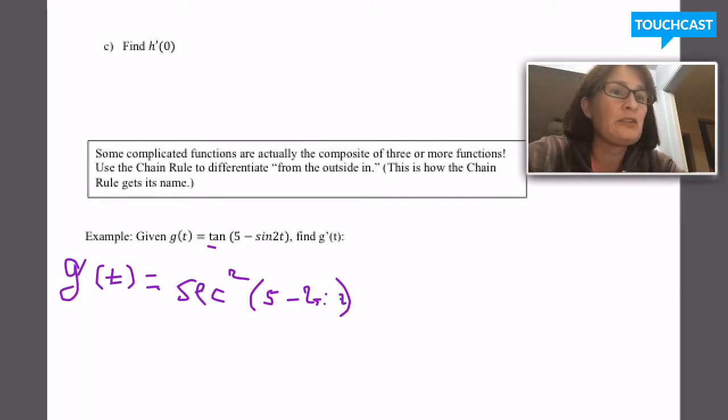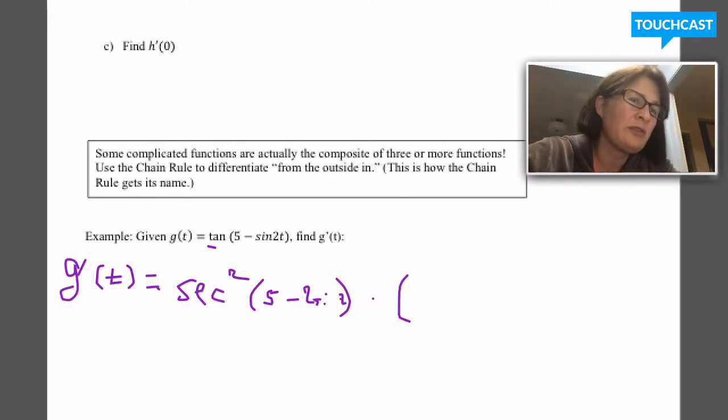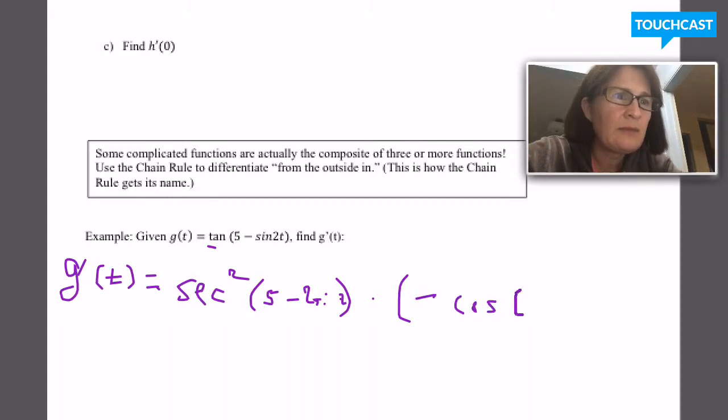I'm going to multiply by the derivative of the inside. Well, the derivative of the inside, that's the derivative of 5 minus sine of 2t. Well, the derivative of 5 is 0, so I don't have to worry about that. The derivative of negative sine of 2t is negative cosine of 2t.